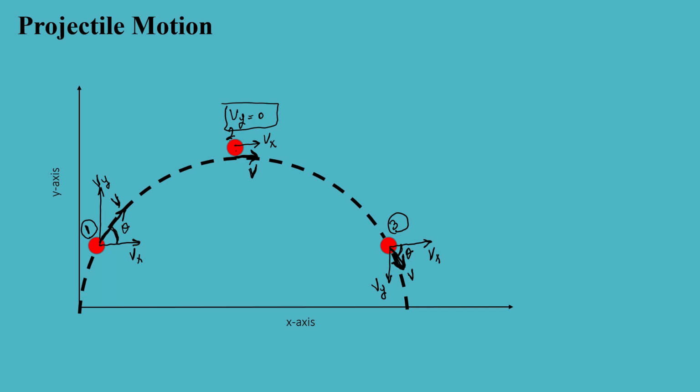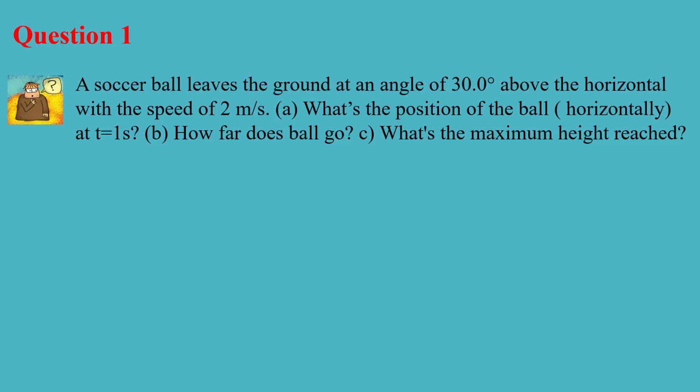Now let's look at the example. In this problem, you need to find the position of the soccer ball horizontally at t equal to 1 second. So let me draw it for you. I have an x and y axis here.